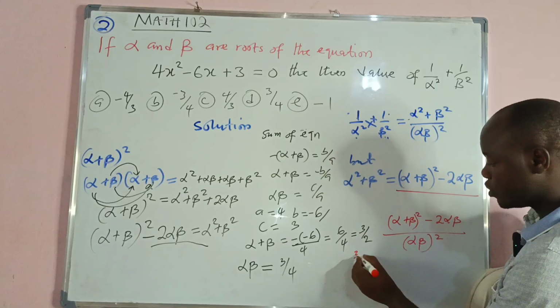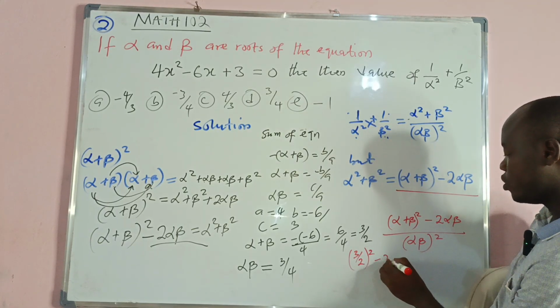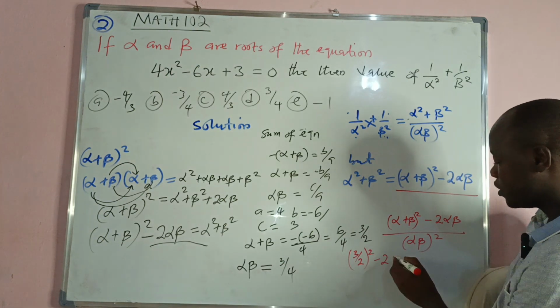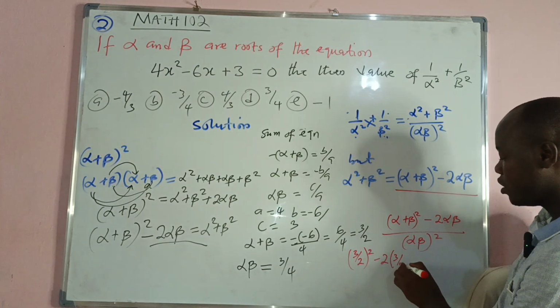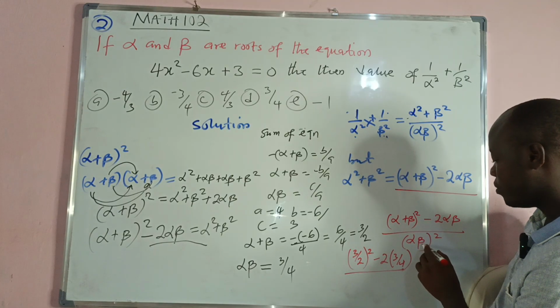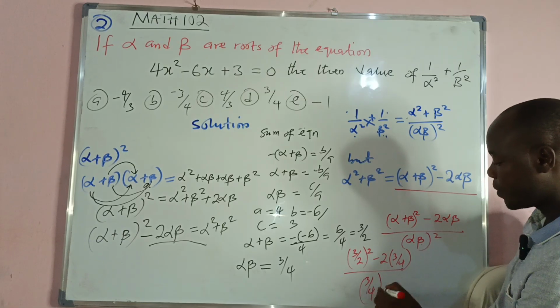So we are now going to say (3/2) squared, minus 2 times αβ. αβ is 3 over 4, then divided by (αβ)². So αβ is 3 over 4, squared.